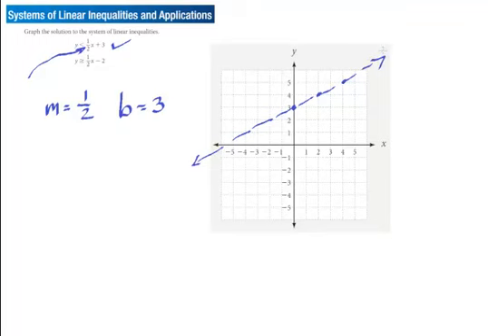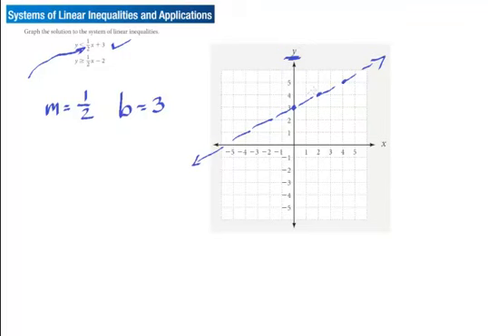Now, I want all those points that are less than this dashed line. You can think of it as I want all those y's that are less than this line. So if I look at this as the y and I look at less than, that means to shade the bottom side. Or you can choose another way, which is to choose a test point.